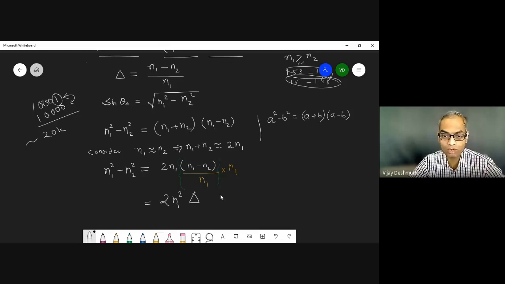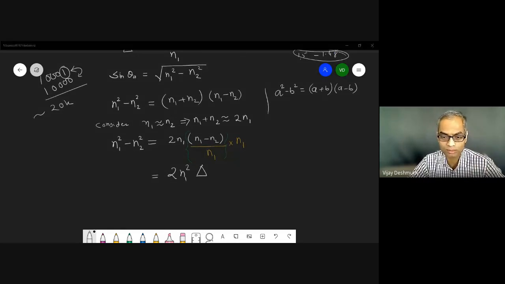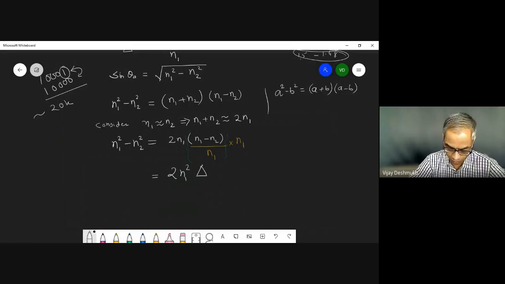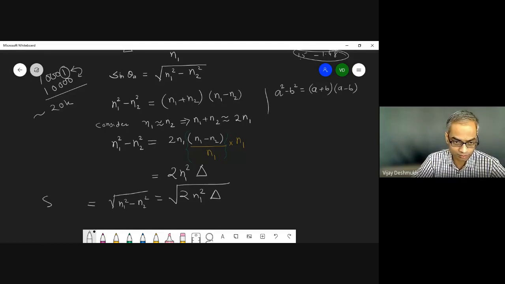Now we want the value of square root of N1 square minus N2 square. So taking the square root on the right hand side also, square root of 2N1 square delta, and this is the value of sin theta, and this is the value of numerical aperture.